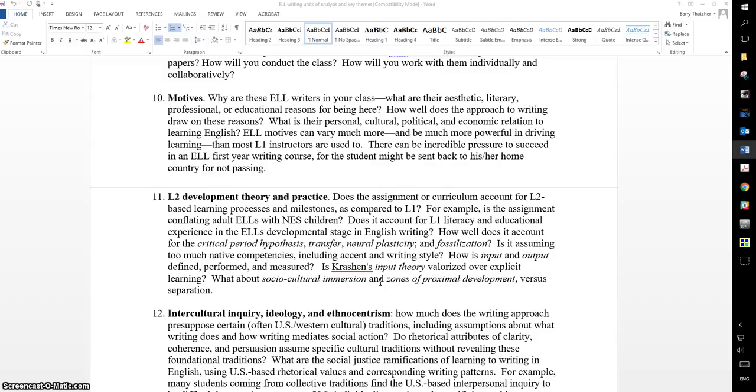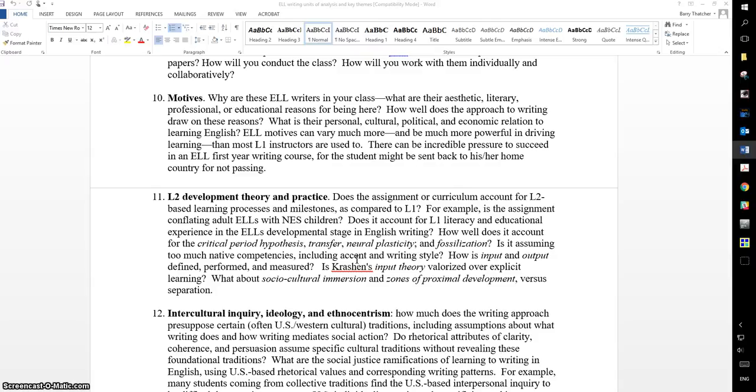There's a critical period hypothesis, which means after puberty generally you won't have a native accent. There's a transfer hypothesis we talked about. Neuroplasticity means, does the language hard code your brain, or can it change? And then there's an interesting concept called fossilization: English language learners tend to plateau and never get beyond the plateau.